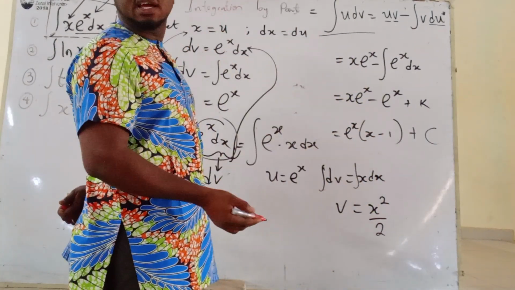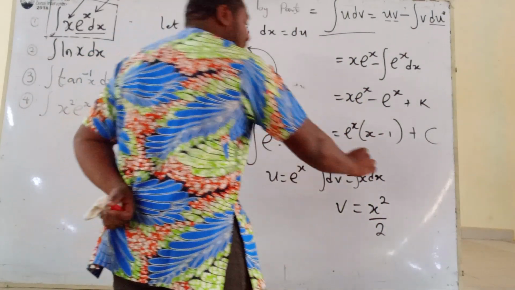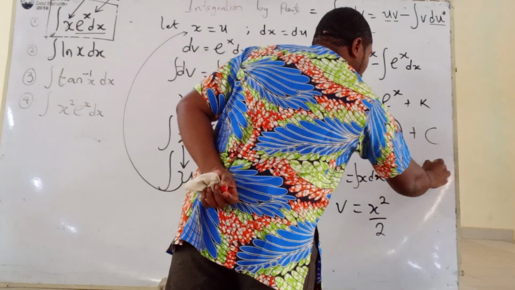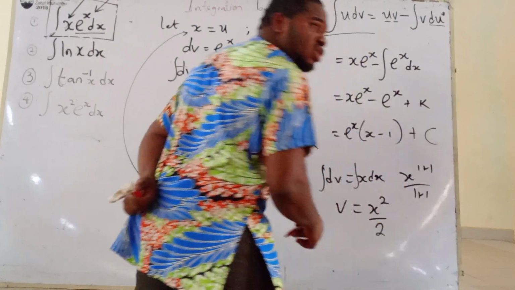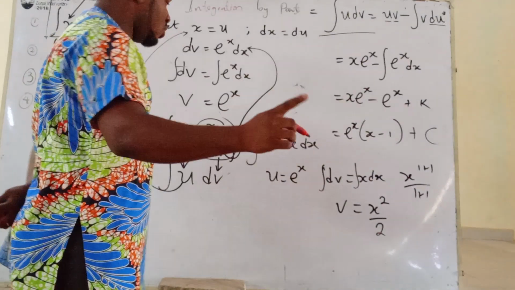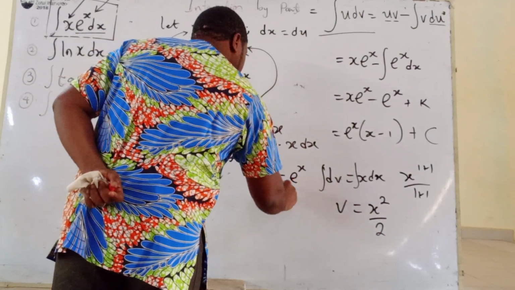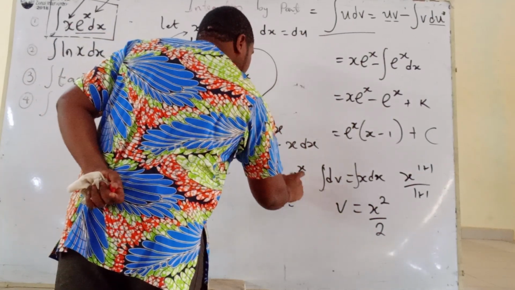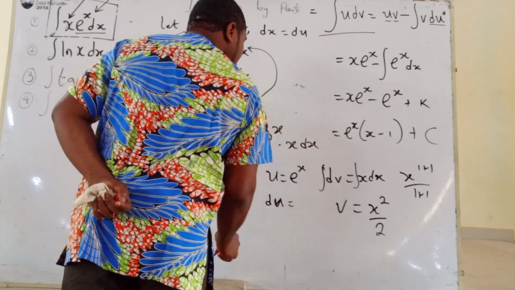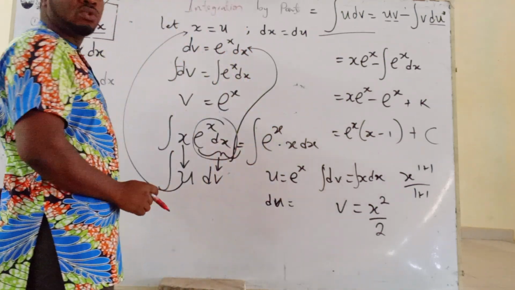Is that not what we say? If you want to integrate x, it is x to the power 1 plus 1 upon 1 plus 1, is that not so? Good. If I want to get du here, what am I going to do?